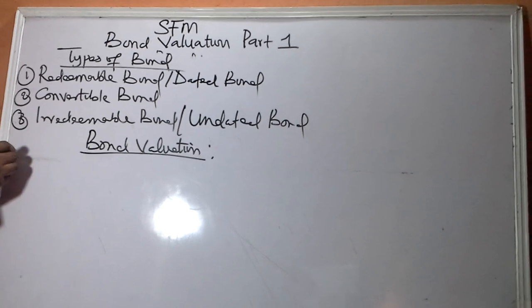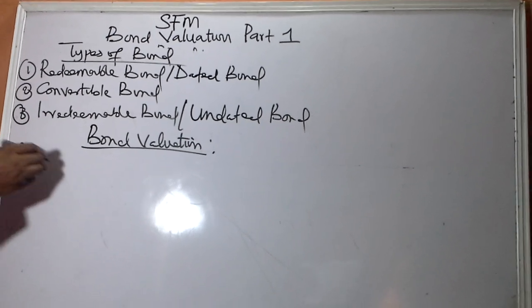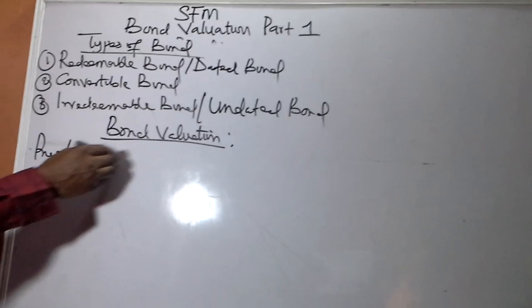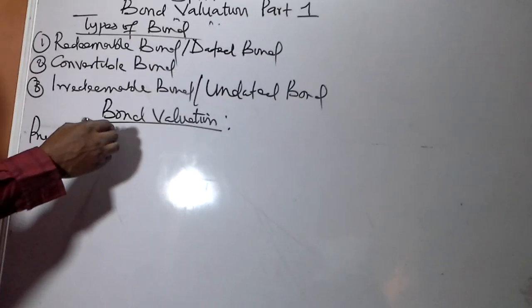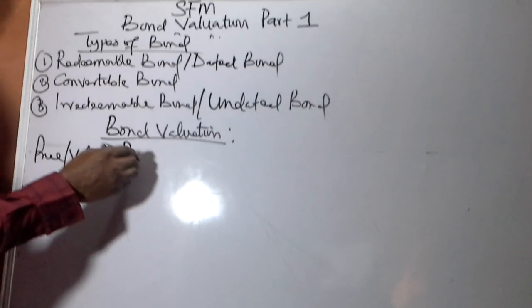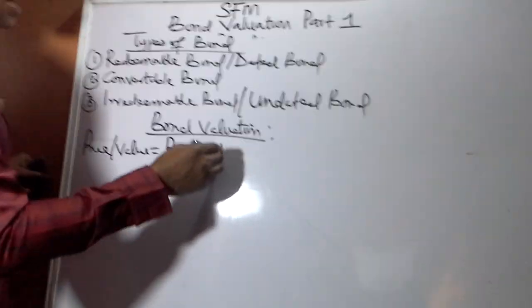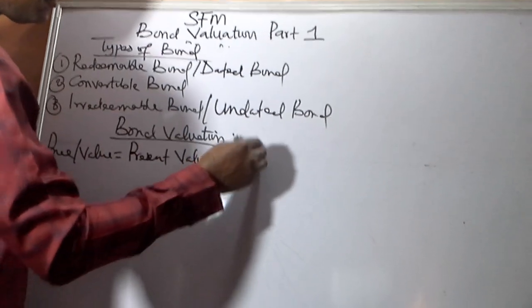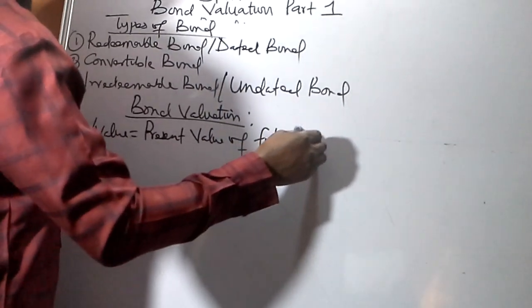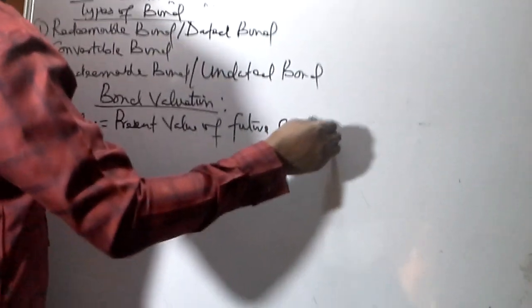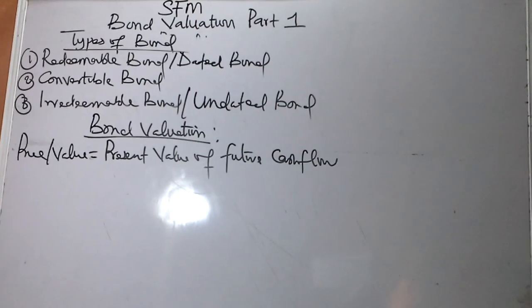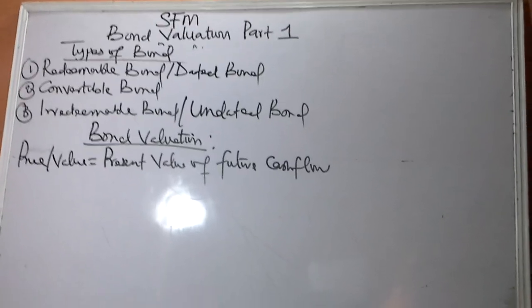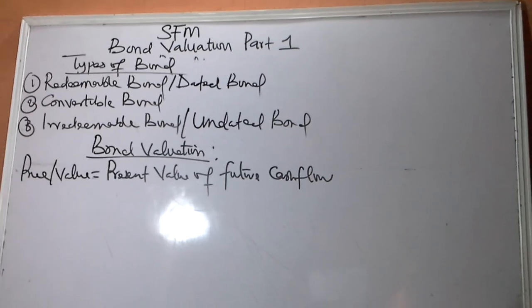And the price of a bond, or value of a bond, is the present value of the future cash flows.